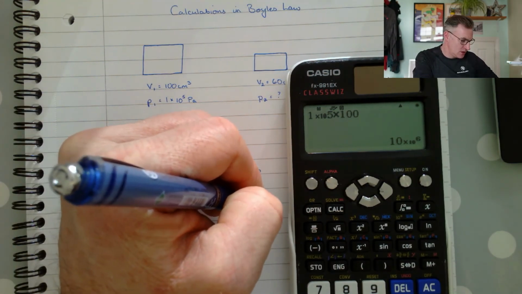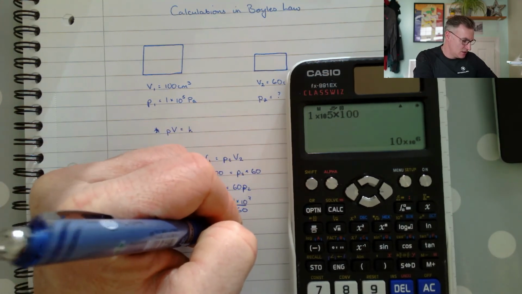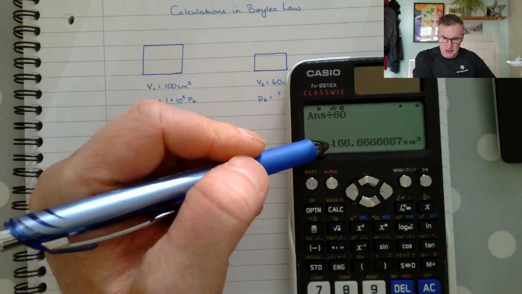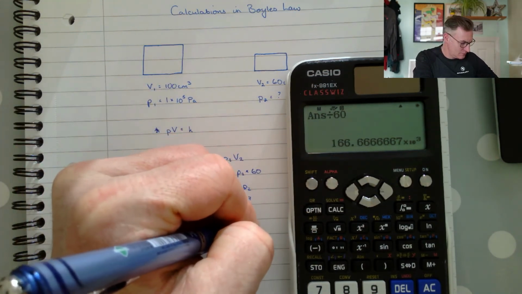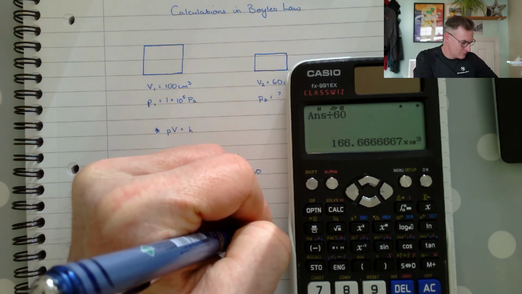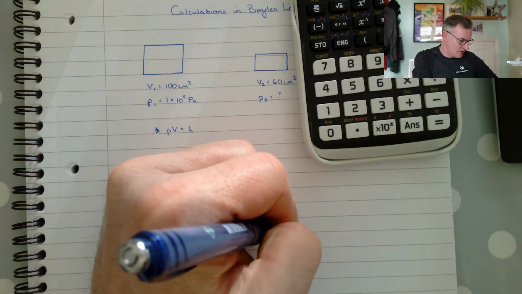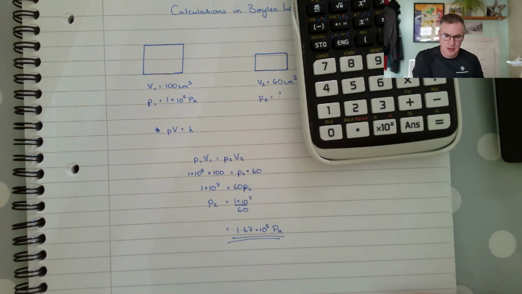So 1 times 10 to the power of 7 divided by 60, which will give us 1.67 times 10 to the power of 5 pascals. Just like that.